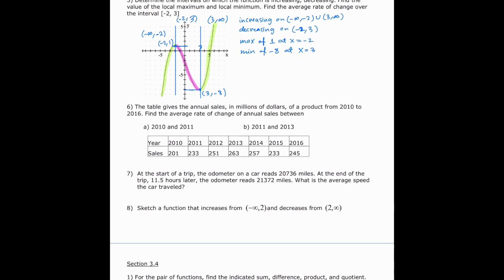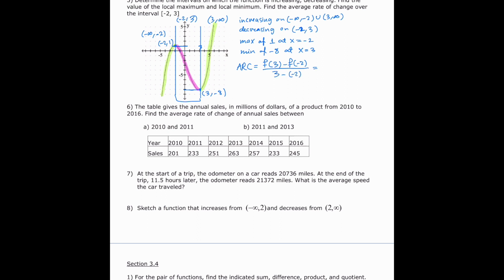Find the average rate of change of the interval -2 to 3. -2 to 3 is basically this interval right here. So we want to find the average rate of change. So we're going to say the average rate of change is equal to f of 3 minus f of -2 over 3 minus -2.